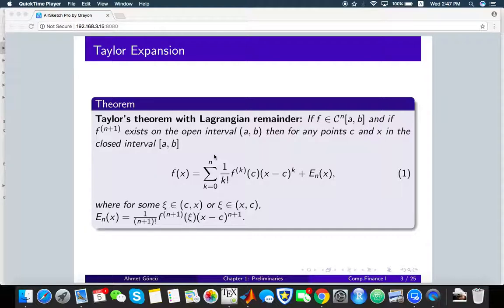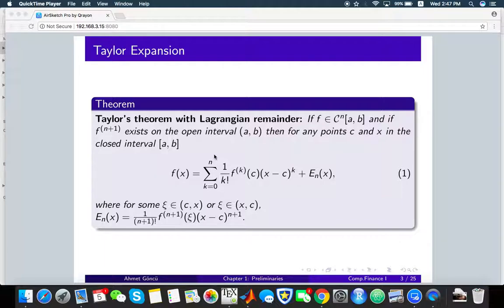This E sub n is represented in terms of the n plus 1th derivative evaluated at some point psi, which is either in the c to x interval or within the x to c interval.